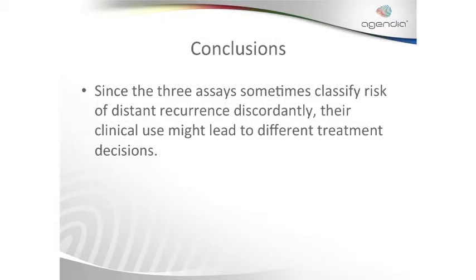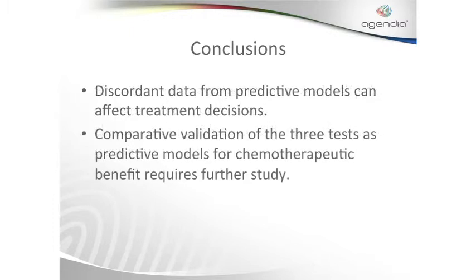And again, since the three assays sometimes classify risk of distant recurrence discordantly, their clinical use might lead to different treatment decisions, obviously. And that's why you're all sitting here, because that's the problem you face every day. But again, the discordant data and predictive models can affect these decisions, but the comparative validations, again, require further study.